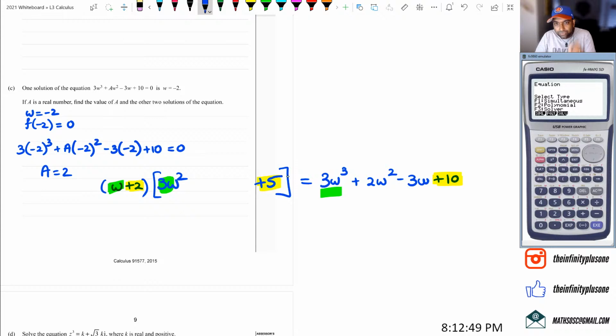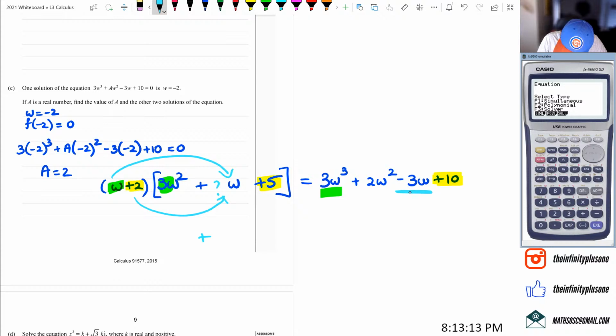Now we've just got to figure out what that middle term is. Remember, it's going to be something w. We don't know what it is, but it's going to be something w. So we've got w times this, whatever this item is, plus 2 times this is going to equal minus 3w.